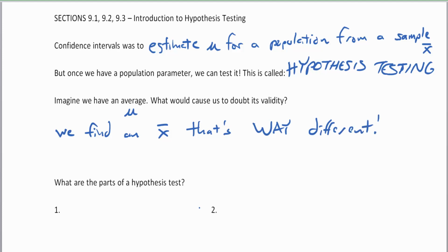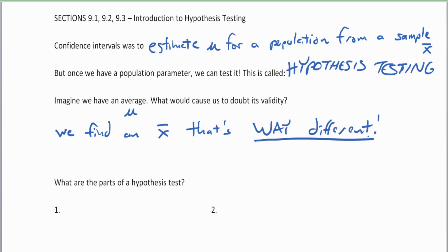So let's say, for example, that you think the average age of something is 24, and you start sampling a subgroup of your population, and you're finding out that that average of that subgroup isn't actually 24. It's way different. Now, the thing about hypothesis testing is that we have to use statistics to determine what is actually way different. Is it just slightly different, but not statistically significant? Or is it way different enough for us to basically question the reality of the average in the first place?